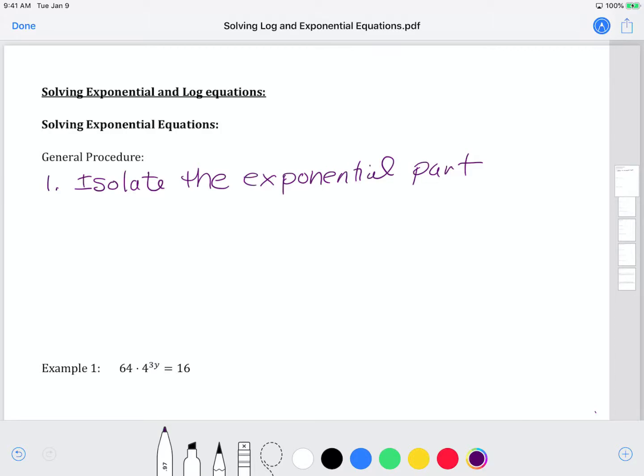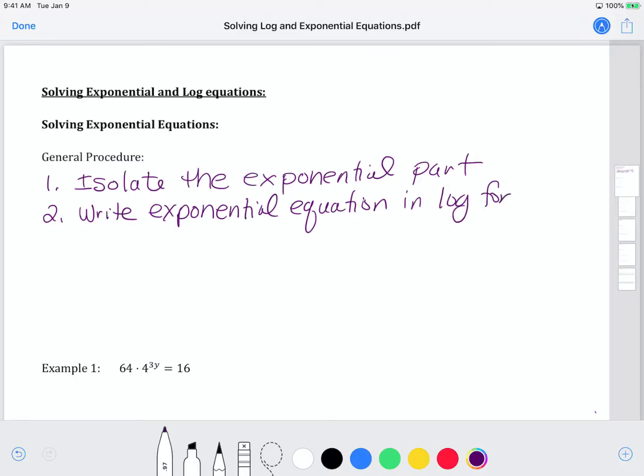Once you isolate that, and it's all by itself on one side and everything else on the other, the next step is to write your exponential equation in log form. By doing this, you'll then be able to get that variable out of the exponent so that you can solve for it.